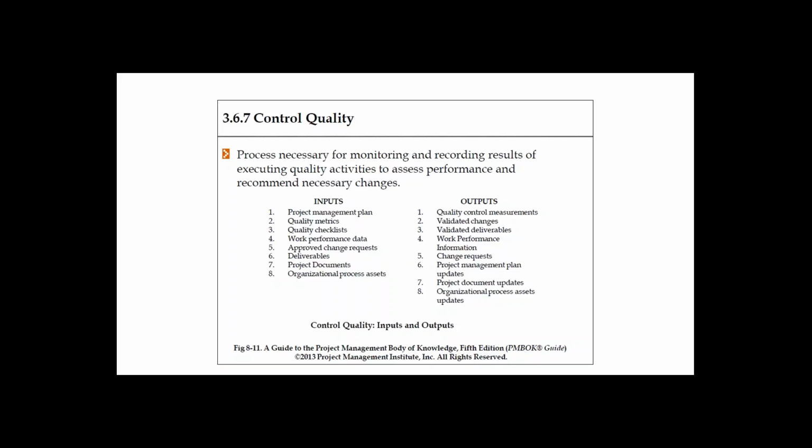Outputs are quality control measurements, the metrics, validated changes, validated deliverables, work performance information, change requests, project management plan updates, project document updates, organization process asset updates. Wherever you see the output as change request, you can simply remember that it is associated with project management plan updates and project document updates.